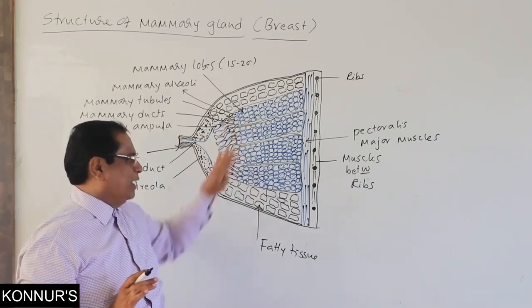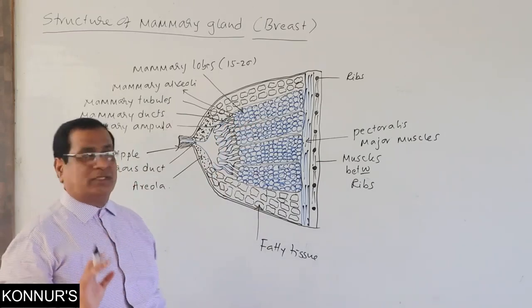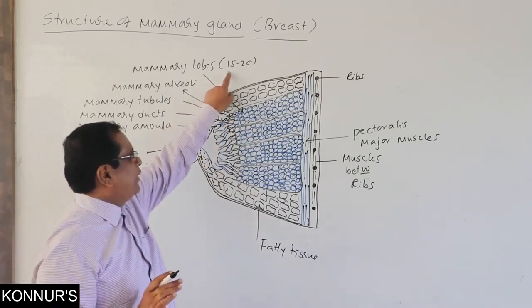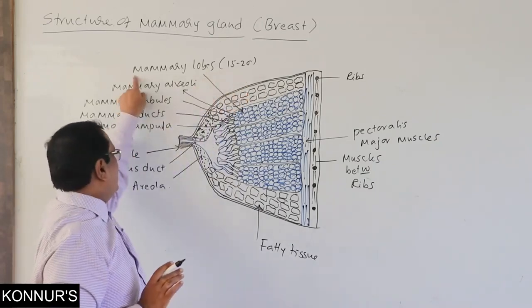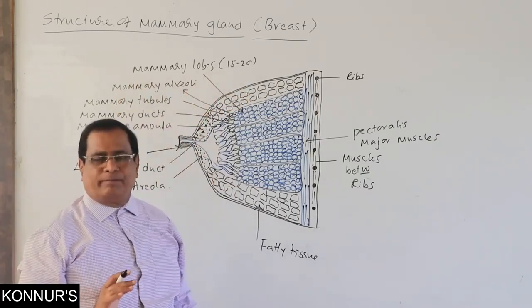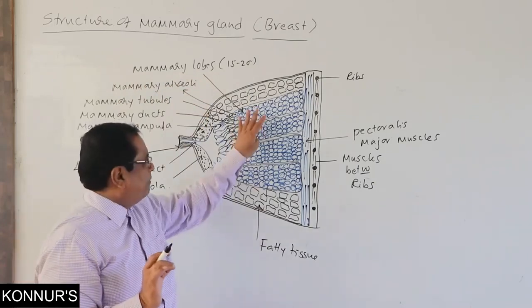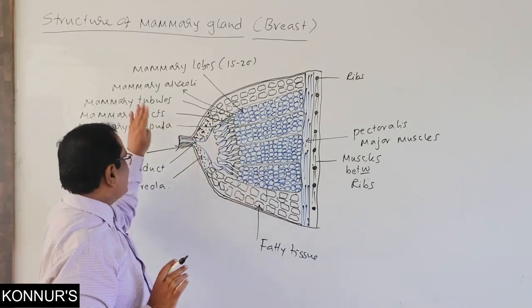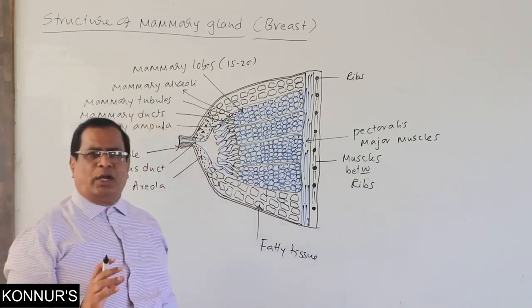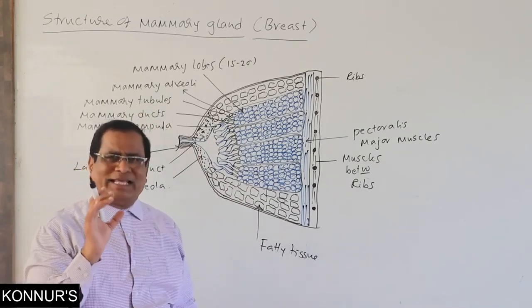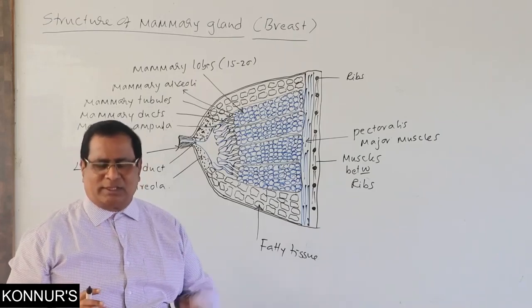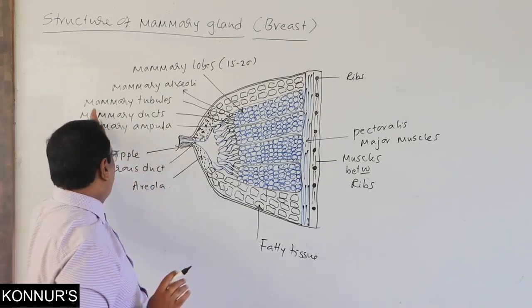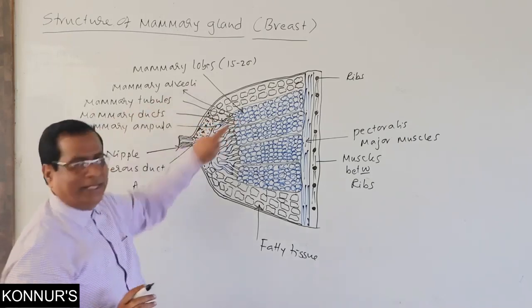And that glandular tissue forms around 15 to 20 mammary lobes internally. In each mammary lobule, a group of glandular cells are there. Those glandular cells are named mammary alveoli.